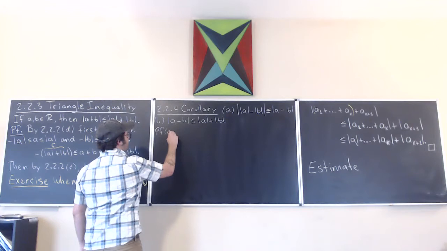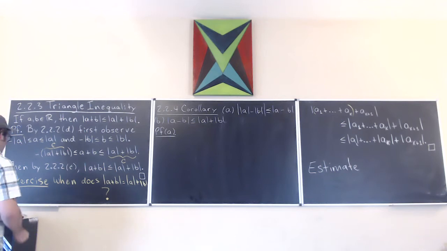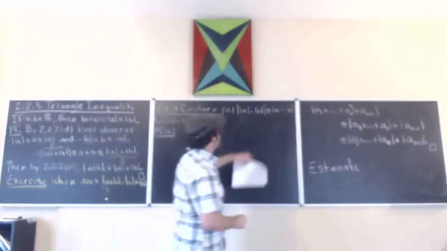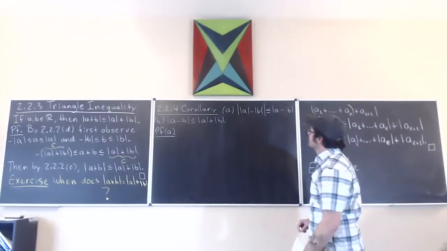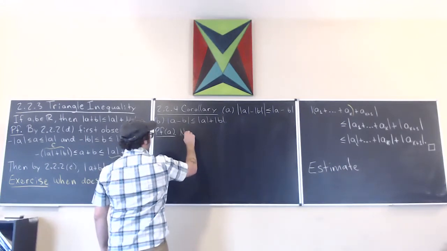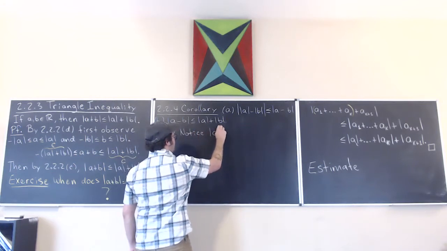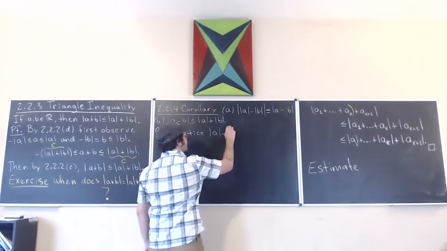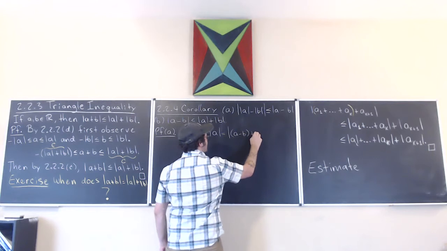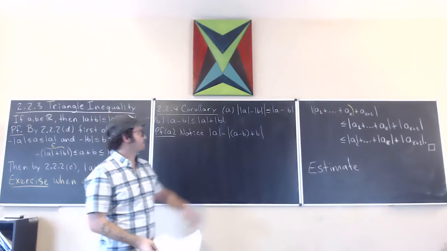So let's look at the proof of part A. We want to prove this inequality here. One thing I'm going to notice is that the absolute value of A is equal to the absolute value of A minus B plus B, right? I just added a zero, basically.